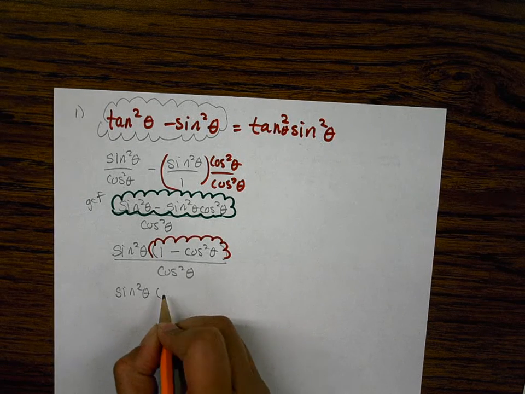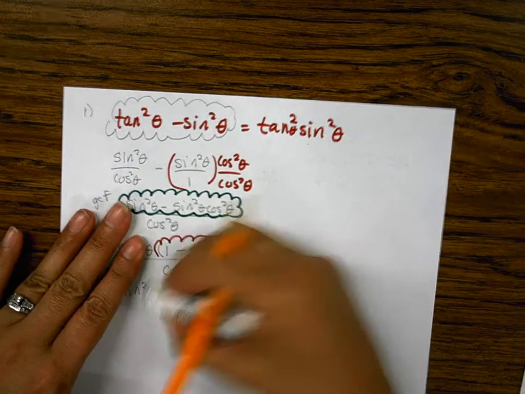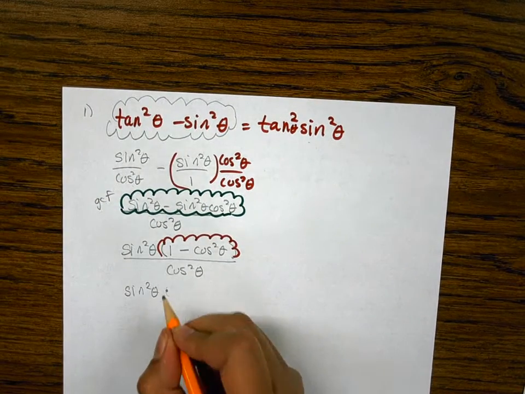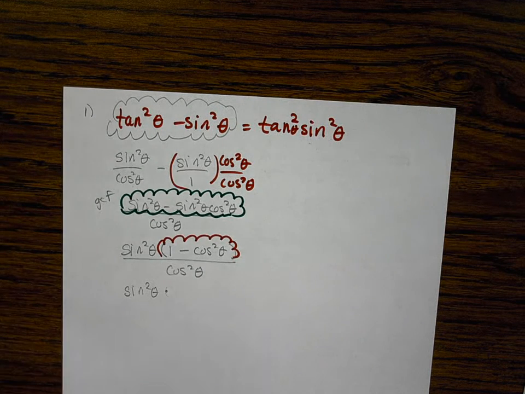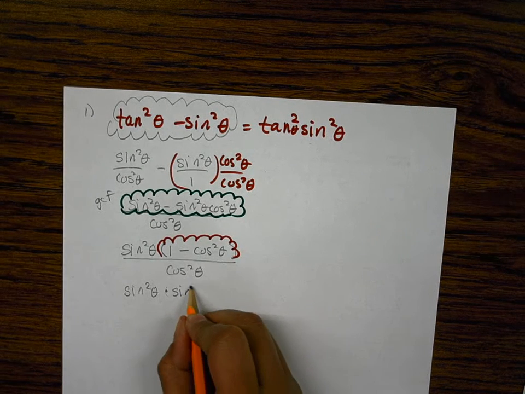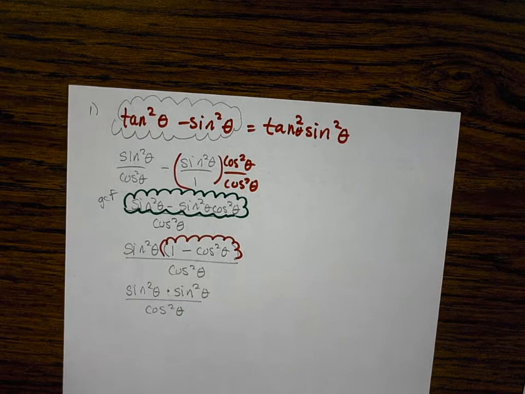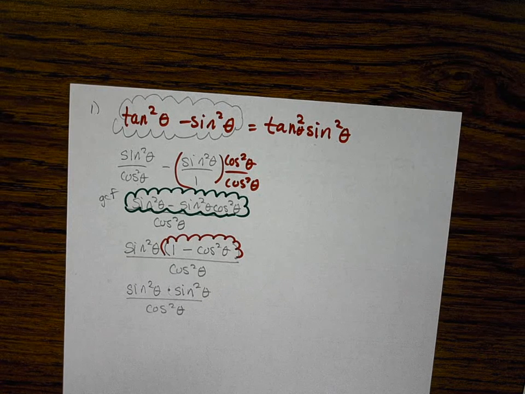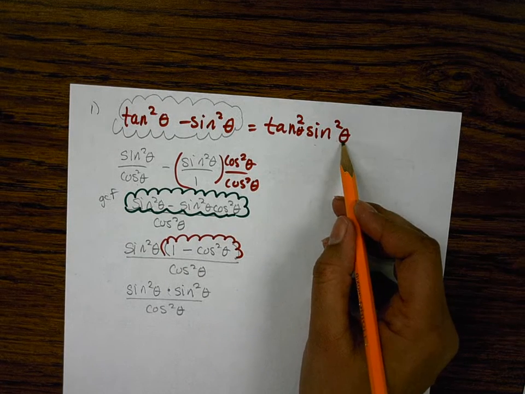Sine squared theta times 1 minus cosine squared theta from your Pythagorean identities is sine squared theta. So I have sine squared times sine squared over cosine squared. Now I'm not going to multiply the sine squared times sine squared. I'm not going to make it sine to the 4th because I can see I have a sine squared here.